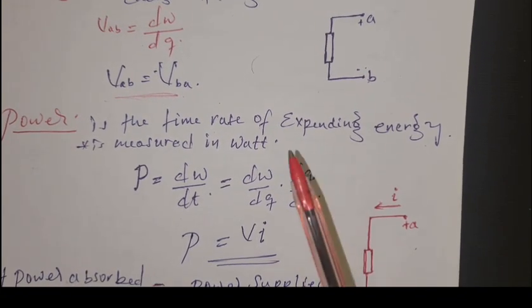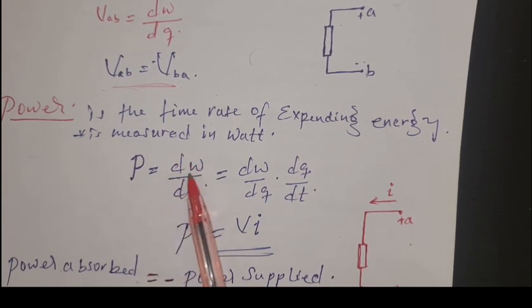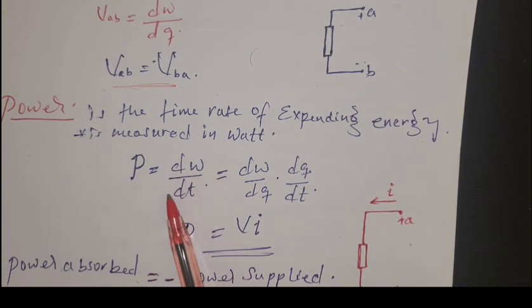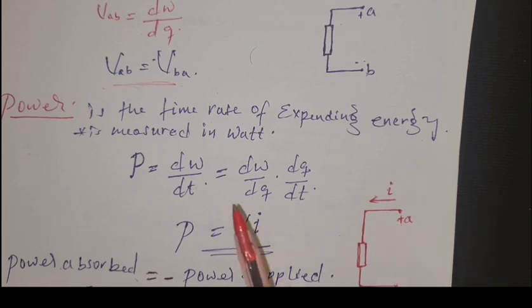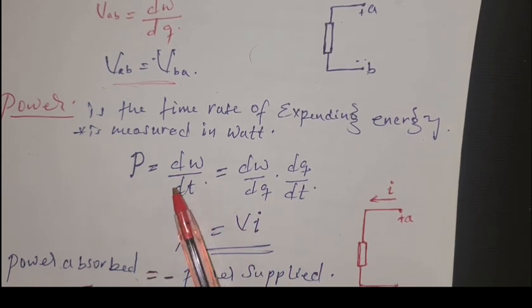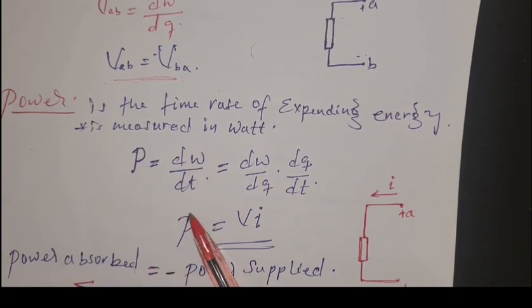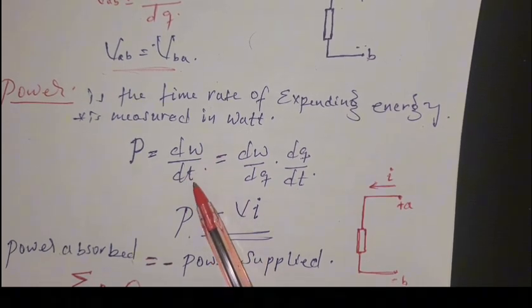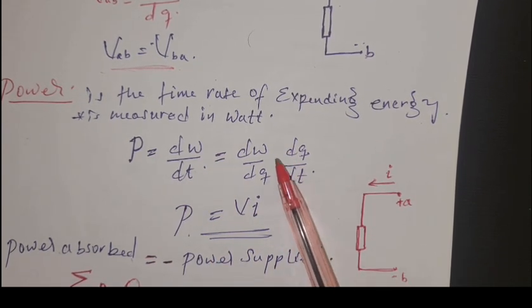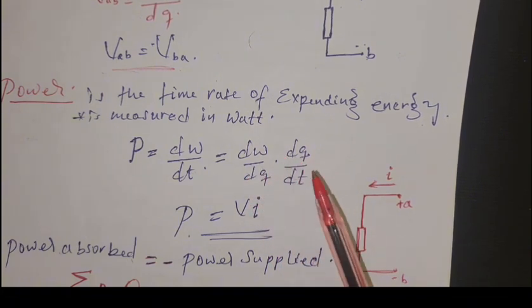Mathematically, power is dw over dt, the derivative of the work done. Multiplying the numerator and the denominator by dq gives us dw over dq times dq over dt.